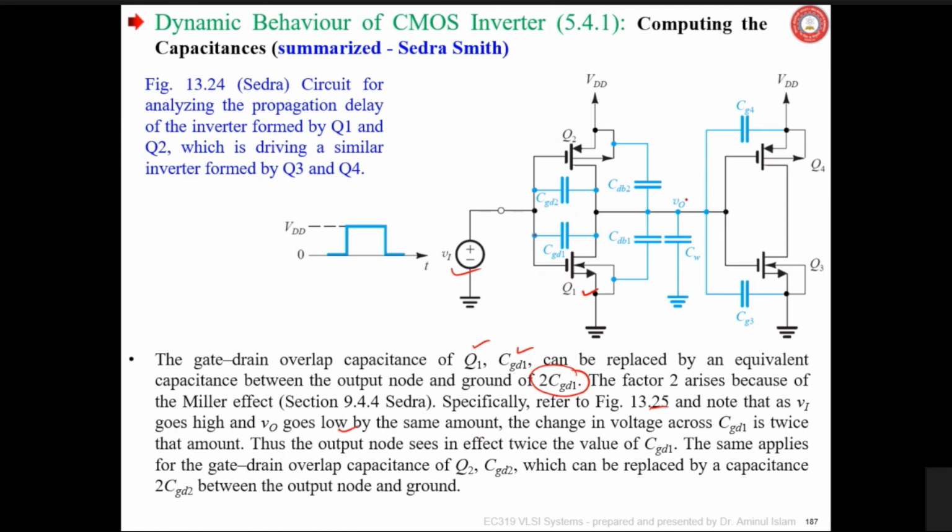The change in the voltage across CGD1 is twice that amount. Thus, the output node sees in effect twice the value of CGD1. So it has to be multiplied by 2. This factor 2 is coming because of that. The same applies for the gate drain overlap capacitance of this one also, which can be replaced by this capacitance.